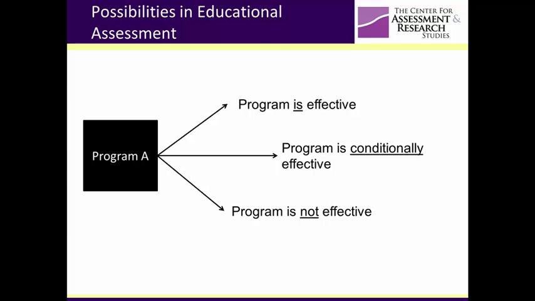But even though this is technically a possibility that we need to consider, to keep matters simple, we are going to set that possibility aside. Throughout this presentation, we're going to assume that in general a program is either effective or ineffective.